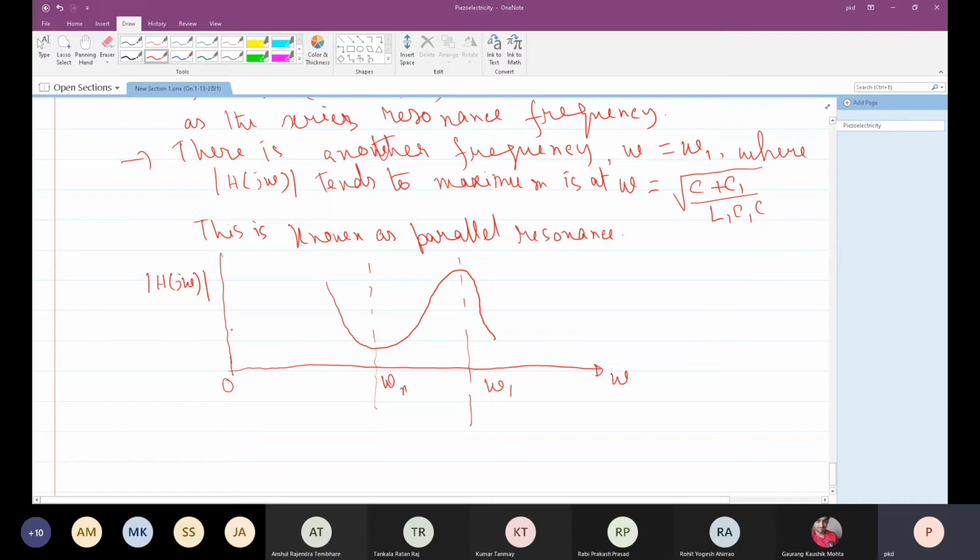So this side is omega, and this is the magnitude response. This magnitude response of Hj omega is basically in terms of impedance, so therefore it could be in ohms.